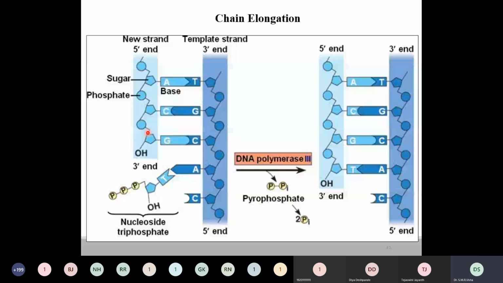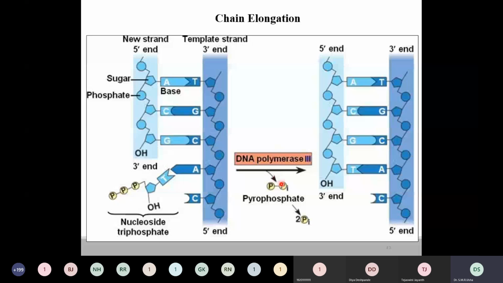This is just for information. Let us say this is the nascent daughter DNA which is growing at this end. A triphosphate, that is thymine triphosphate, is going to be added. When it is being added, only one phosphate goes here; the two phosphates are removed.